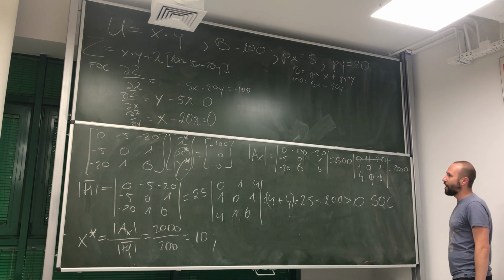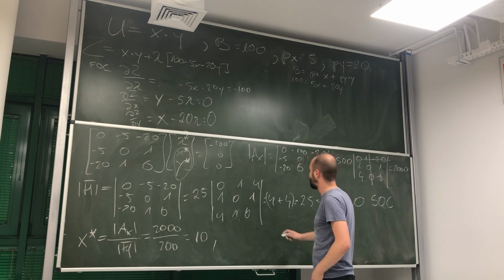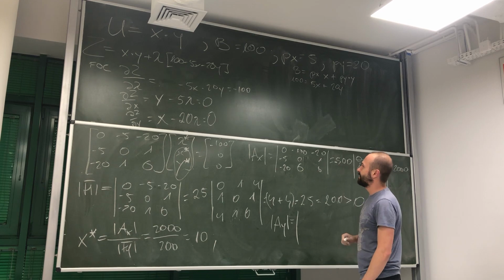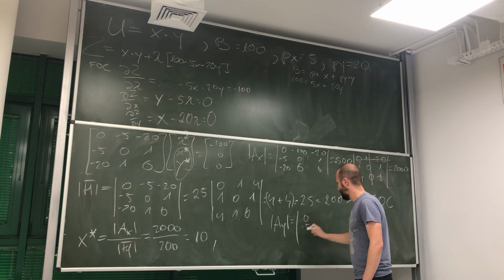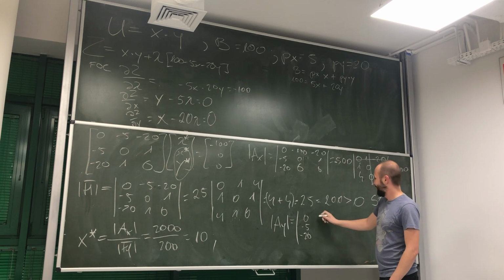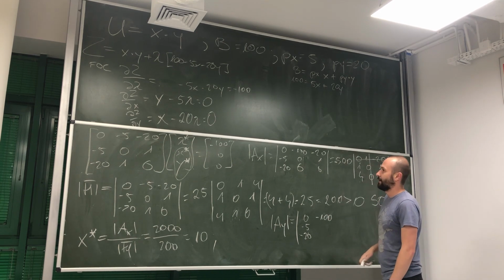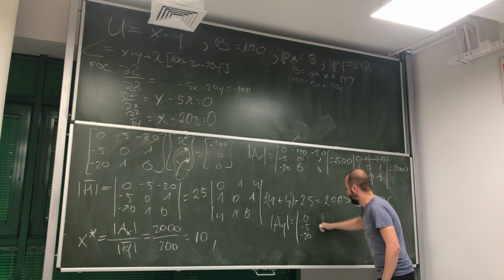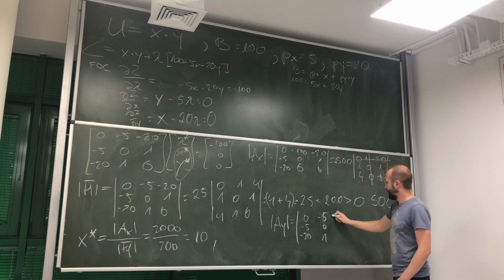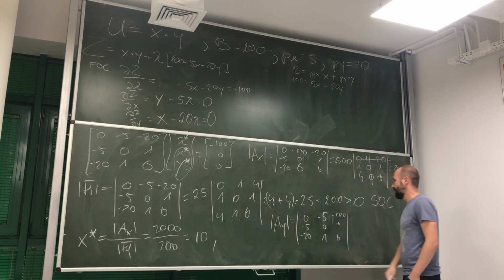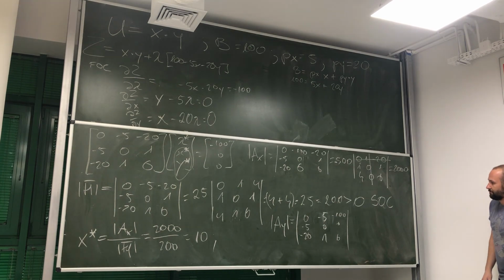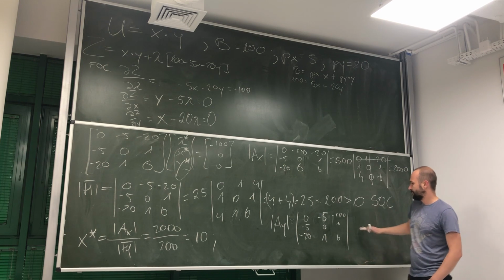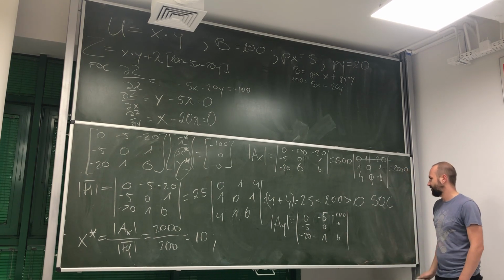Now y. For y, we substitute the third column: 0, negative 5, negative 100; negative 5, 0, 0; negative 20, 1, 0. Again, let's take negative 5 out of here and negative 100 out of here.